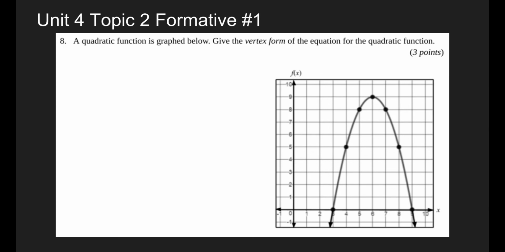A conceptually proficient student is going to right away label the vertex. It's not that big a shock, but it is an important place to start. The next thing that they're going to do is they're going to think about some of the material from Unit 4, Topic 1, specifically the patterns of change and how the a value is related to the lead coefficient.